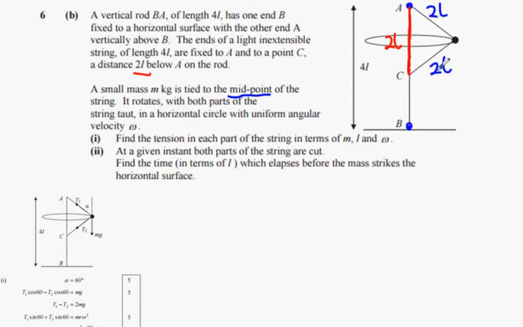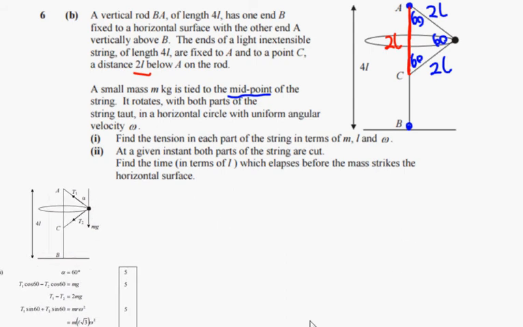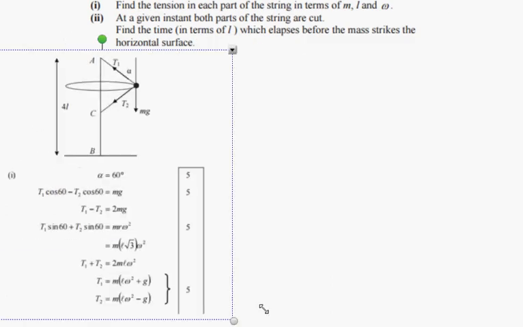What type of triangle are we dealing with? We're dealing with an equilateral triangle. 60, 60, 60, because all three sides are the same length. Now, I'm just going to work a bit on this graph here, okay?